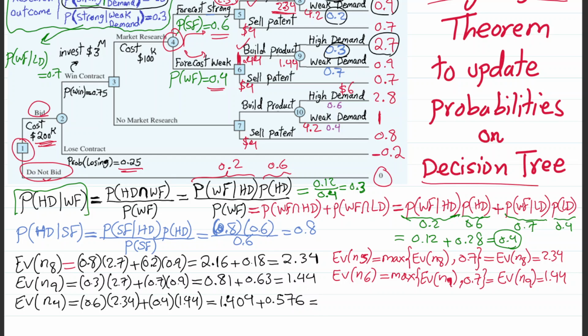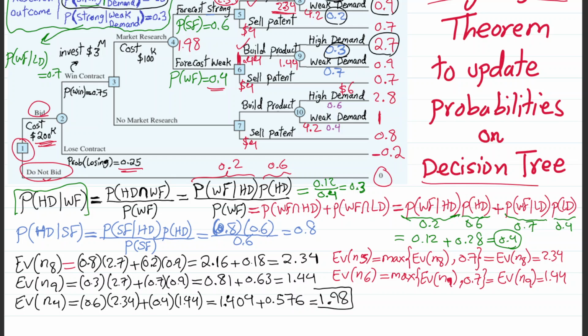And when you add these numbers together, you're gonna get 1.98. Okay, so $1.98 million is the EV of node 4. I'm gonna write it here in red color. So let me just remove these things. Okay, so EV of node 4 is $1.98 million.